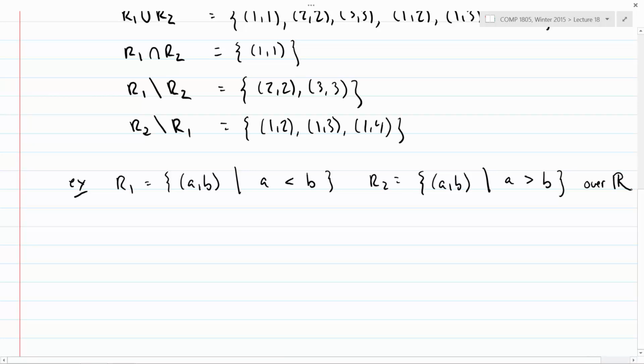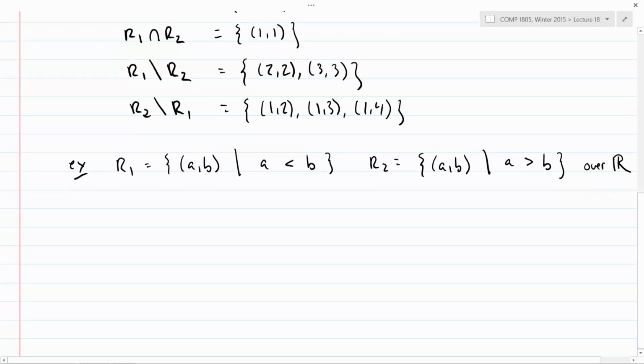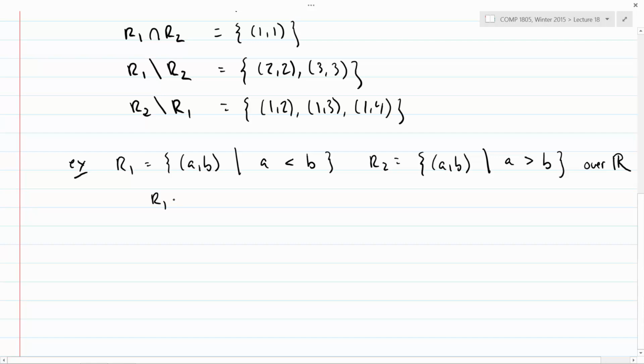So these are two relations that are from the set of real numbers to the set of real numbers. So in that case, we just say over the set of real numbers. So I can ask the same questions I did before. So R1 union R2, R1 intersect R2, R1 minus R2, and R2 minus R1. What's R1 union R2?